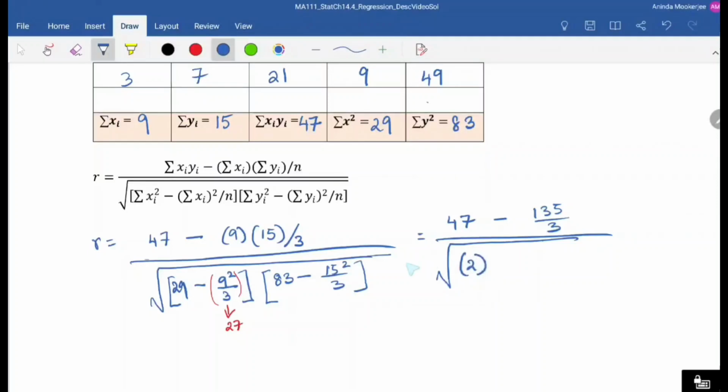All right. So the first box gives us a 2. And then for the next box, it's 83 minus 15 squared divided by 3. So 15 squared is 225, and 225 divided by 3 is 75. So 83 minus 75 is an 8.